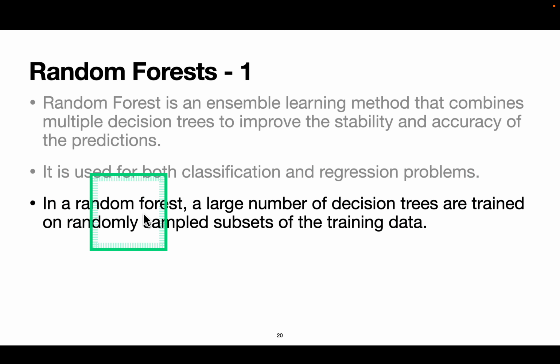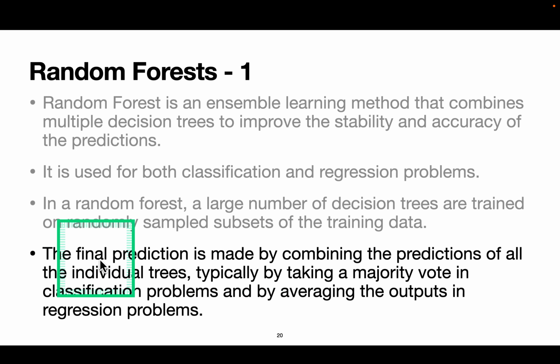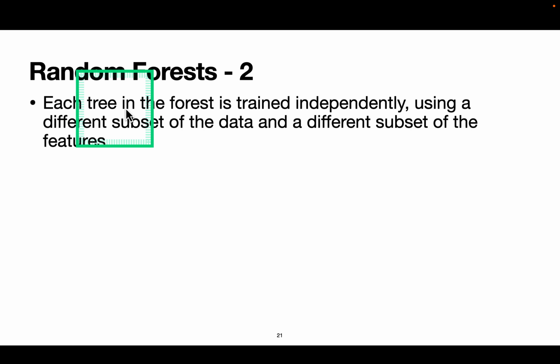In a random forest, a large number of decision trees are trained on randomly sampled subsets of the training data. The final prediction is made by combining the predictions of all the individual trees, typically by taking a majority vote in classification problems and by averaging the outputs in regression problems. Each tree in the forest is trained independently using a different subset of the data and a different subset of the features.